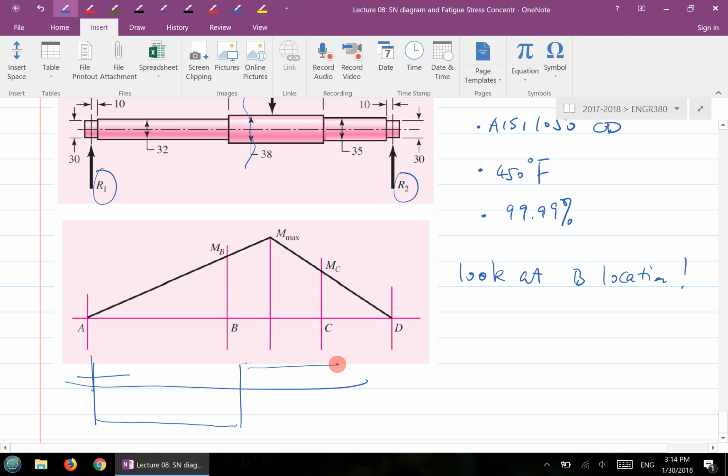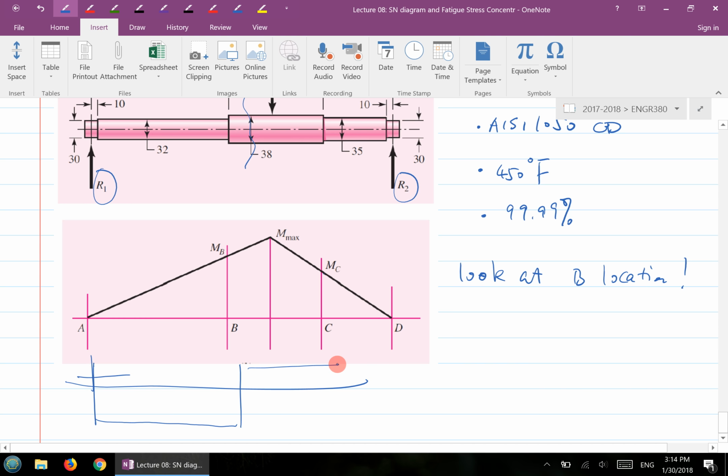Then why don't we consider that? This is one of the conclusions that I told you. The bending shear stress has a maximum at which location? At the neutral axis location. And we had an example previously that showed the shear stress caused by the shear force is not as critical as the normal stress caused by bending.